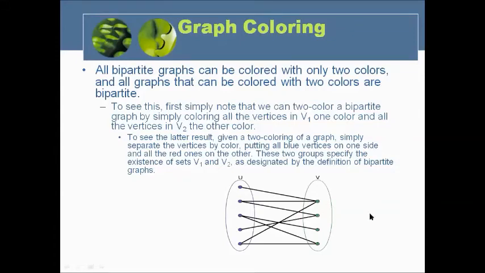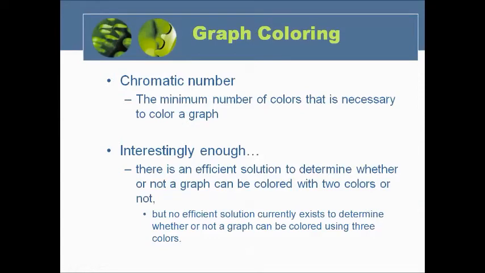These two groups specify the existence of sets B1 and B2 as designated by the definition of bipartite graphs. So, chromatic number. This is the minimum number of colors that is necessary to color a graph.